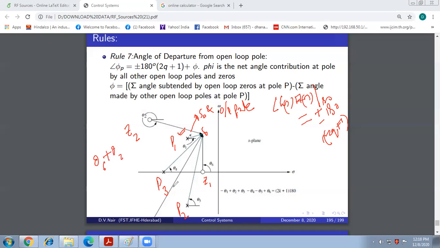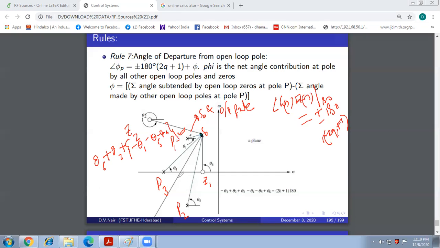For poles, the angle made at S naught will be minus, in bracket, theta 1, there are three poles, then minus theta 5, and theta 5 is this angle, and minus theta 4.